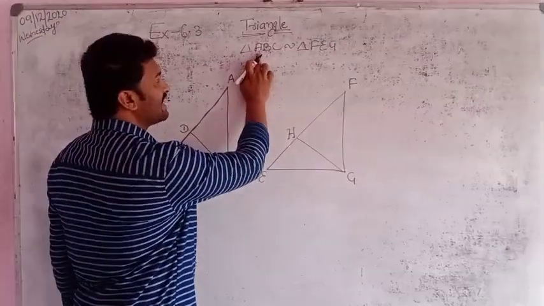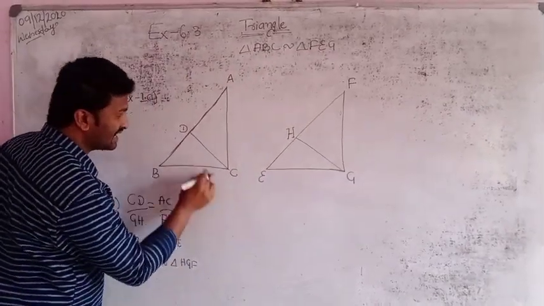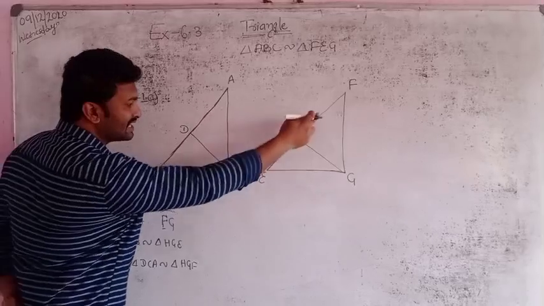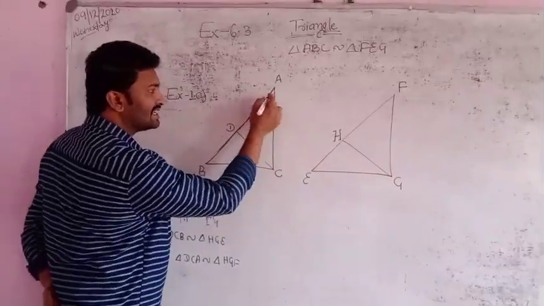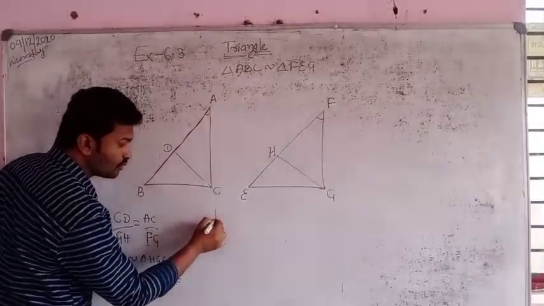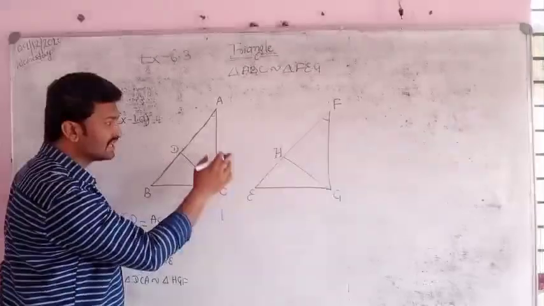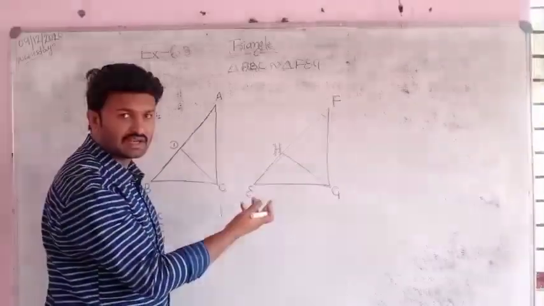Here it is given triangle ABC is similar to FEG, which means in triangles ABC and EFG, angle A equals angle F according to this statement. Why? Both the triangles are similar, and if both triangles are similar, their corresponding angles are equal.